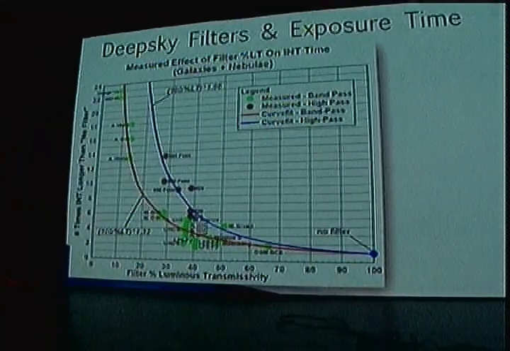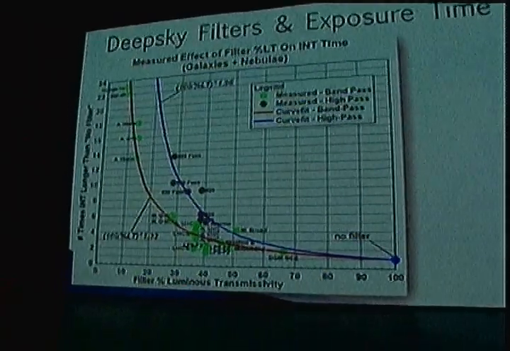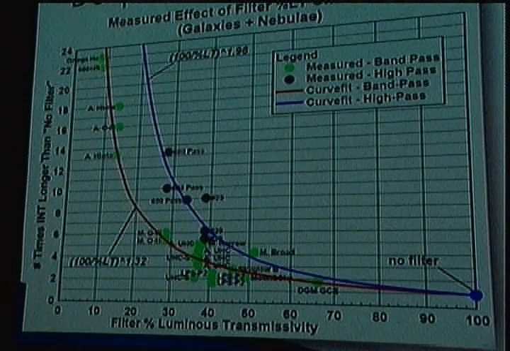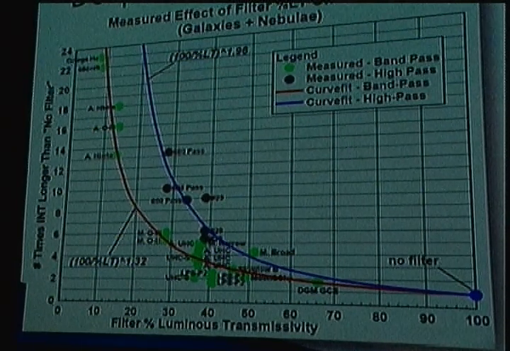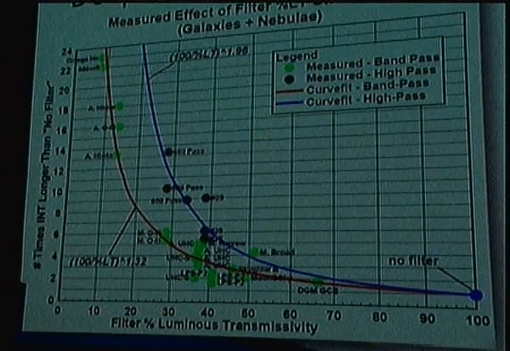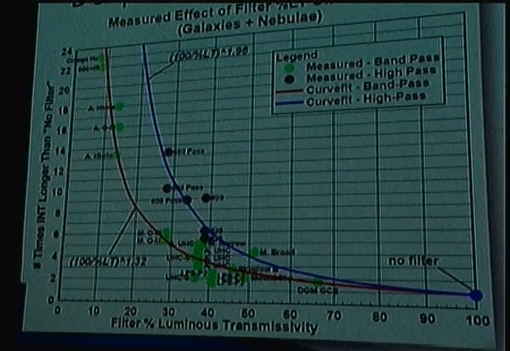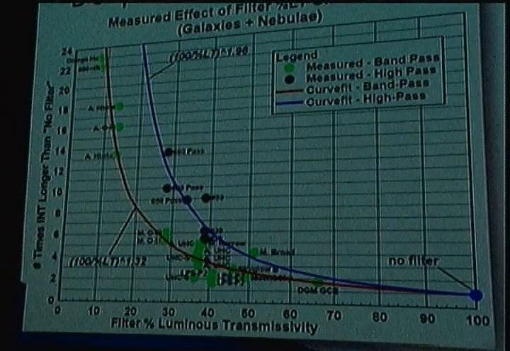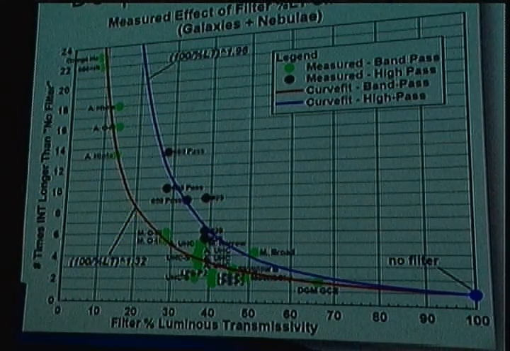The plot shown here is a series of data that I collected over the years doing all of my various filter experiments. The plot shows how many times longer an exposure time, just as a multiple, I could go relative to no filter at all using different filters.